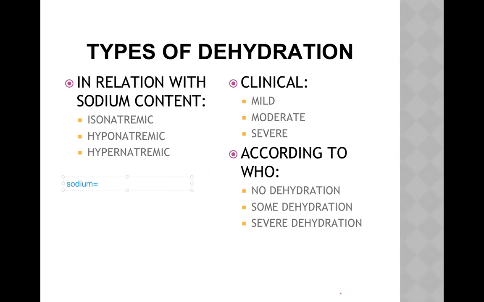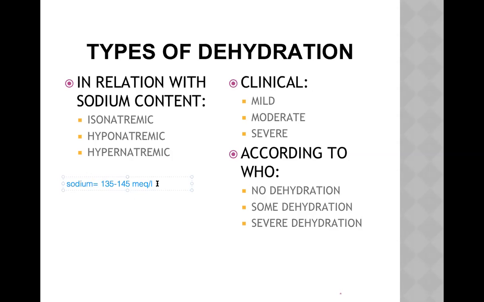Sodium level in the blood is 135 to 145 milliequivalent per liter or millimole per liter. Now see here, isonatremic means the level of sodium is in this range, meaning normal. Hyponatremic is below this range, below 135, and hypernatremic is above 145. That is the meaning. So quite easy.